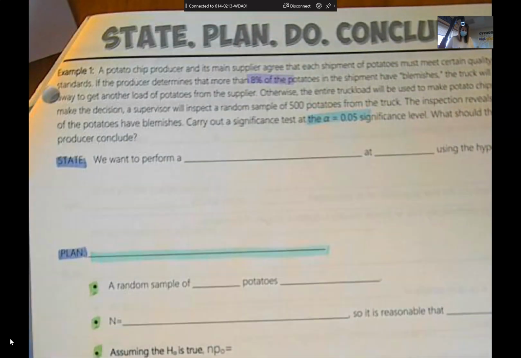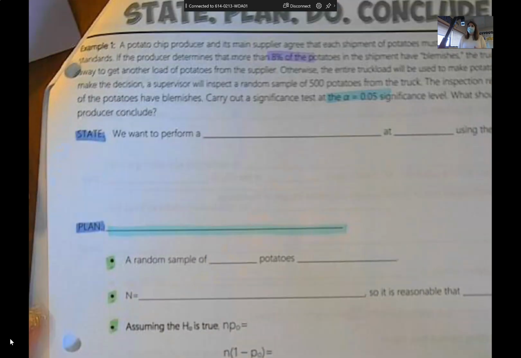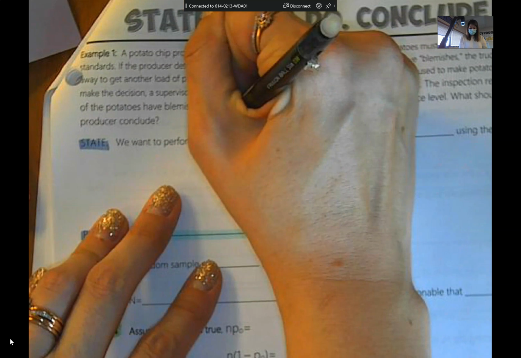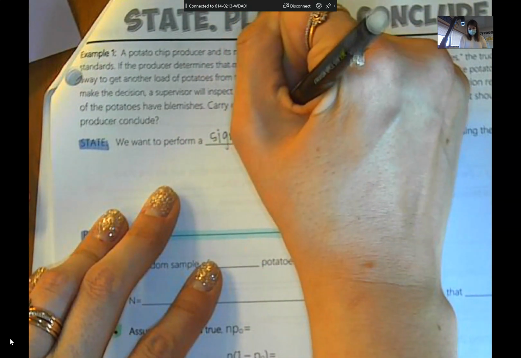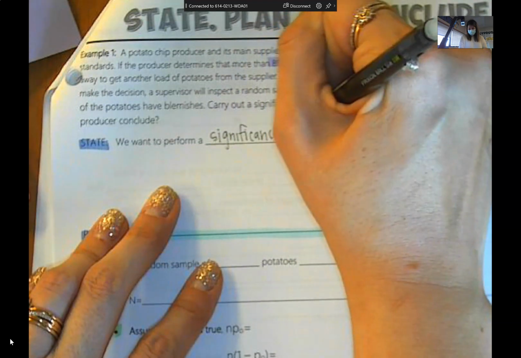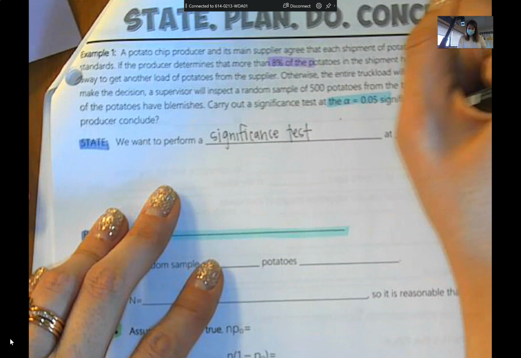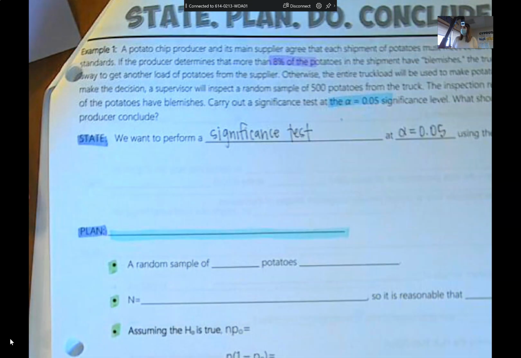Okay, so these next three problems are set up to be exactly how you would answer these on a free response question. So state what we want to do. We want to perform a significance test at alpha equals 0.05.